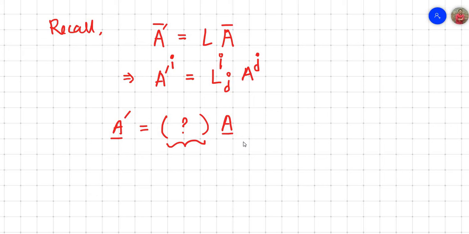That means before and after, the dot product between two vectors should be the same. So we have A dot B, and this is nothing but simply the dual of A acting on the vector B.